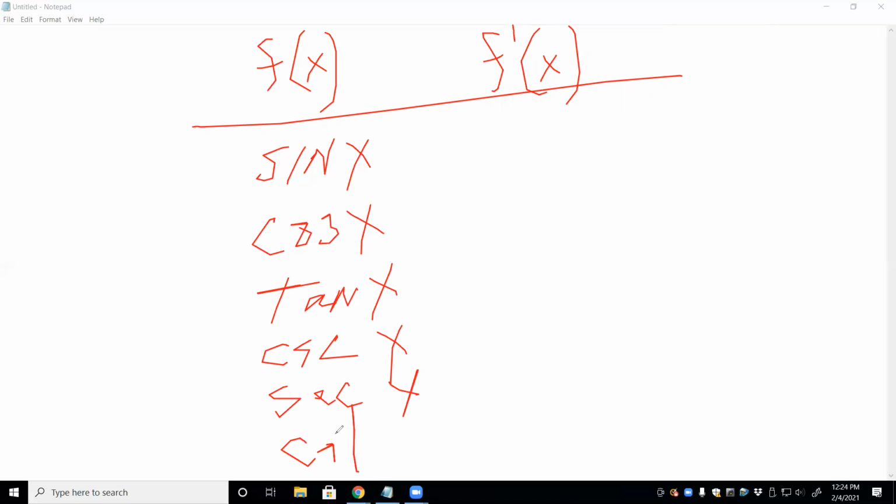You need to memorize all these derivatives. And there is a pattern here. The derivative of sine is cosine. The derivative of tangent is secant squared. The derivative of secant is secant tangent.